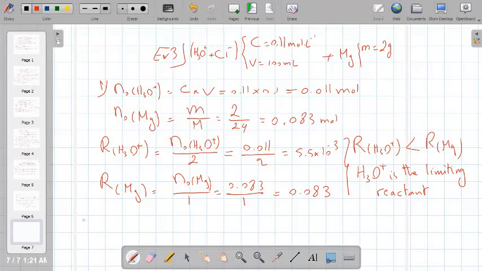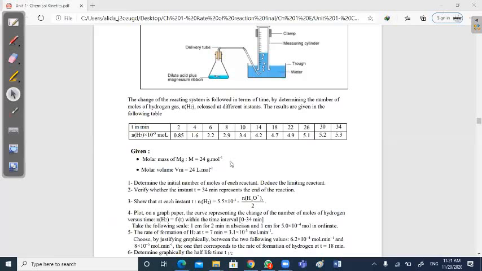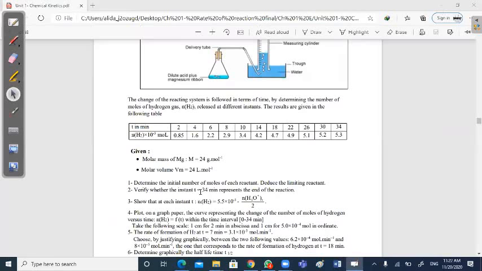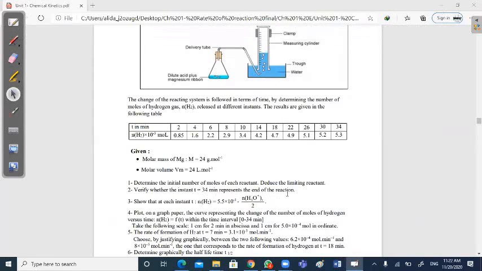Okay. 2. Verify whether the instant t equals 34 minutes represents the end of the reaction. To verify whether an instant represents the end of the reaction, we should determine the number of moles. We are given the hydrogen, the product.